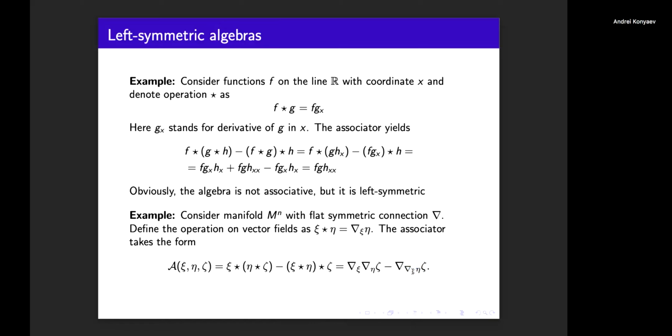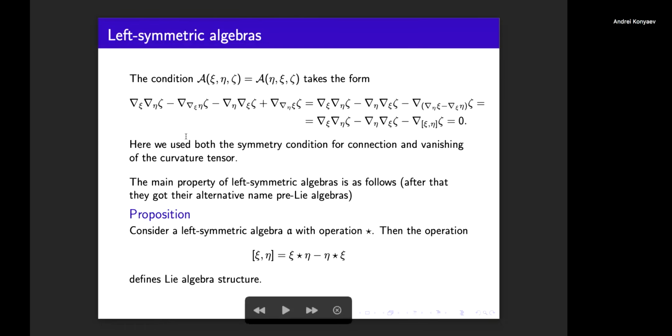It's not straight ahead obvious that it is left symmetric, but if we write the left symmetry condition, we write the associator like this, and we subtract the associator with eta and psi switched, we get the following condition. We see that we get this and this, because in this argument the covariant derivative is linear, right?